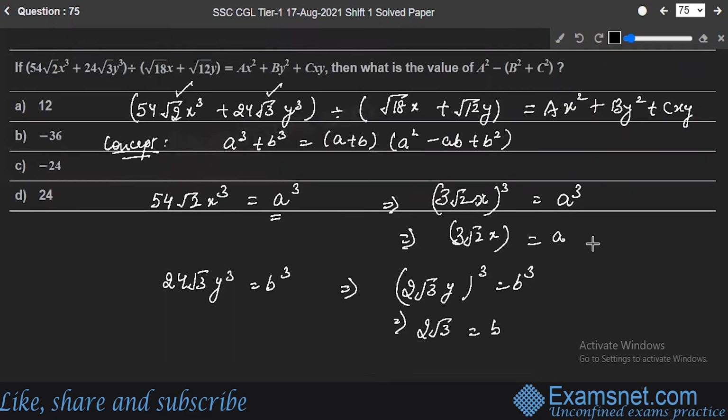That means I'll be using this identity now. So let's see.